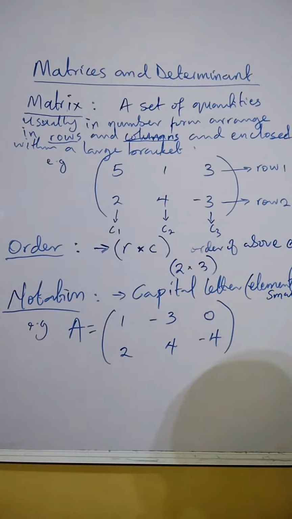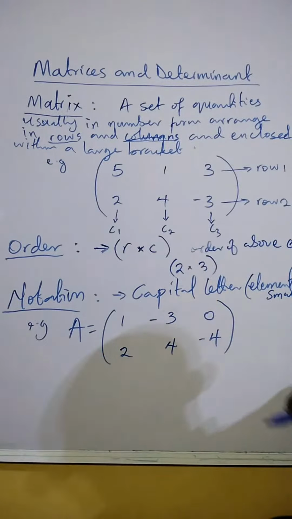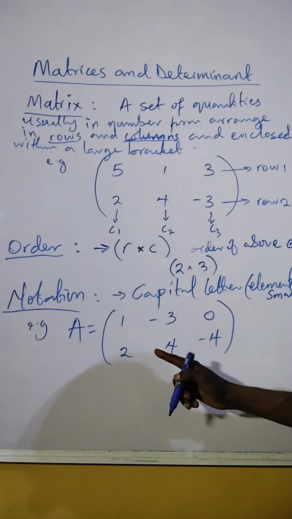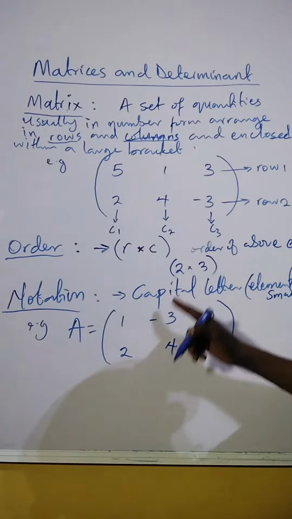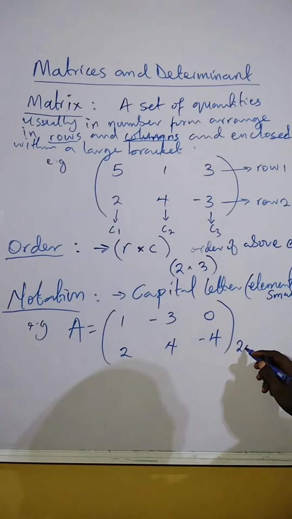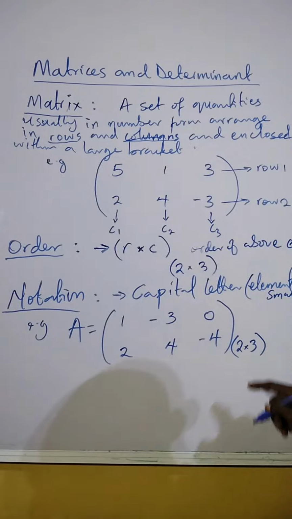We should understand what these elements mean using the idea of row and column. Okay, now when you look at this, what's the order of this matrix A? We have 2 rows, row 1, row 2, and 3 columns, column 1, column 2, column 3. So the order of this matrix is 2 by 3. That's 2 rows, 3 columns.